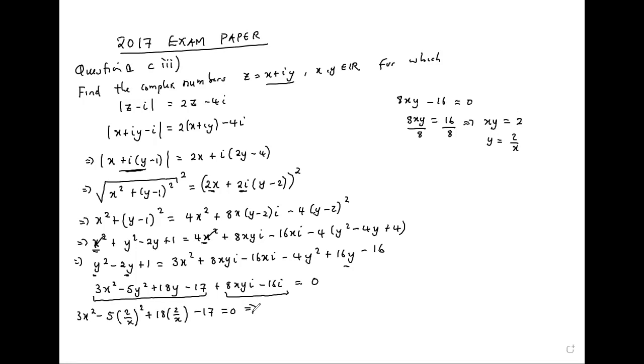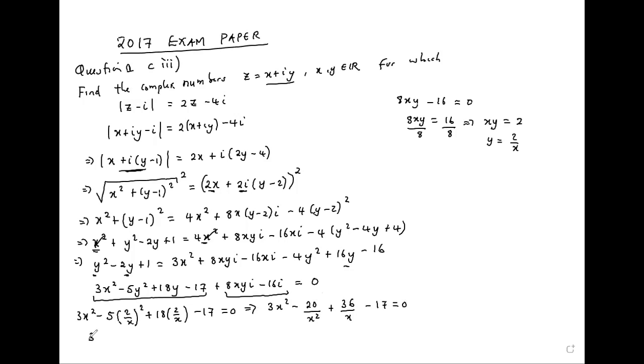Which says that this is 3x squared minus, that's 4 by 5, we get 20 over x squared plus 36 over x minus 17 is 0. Then multiply throughout by x squared.